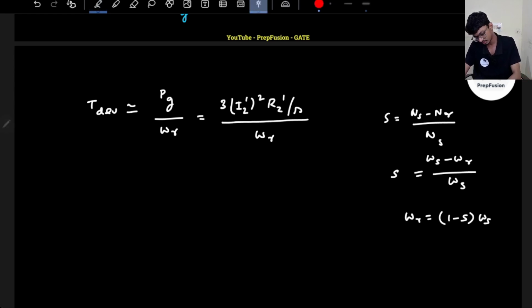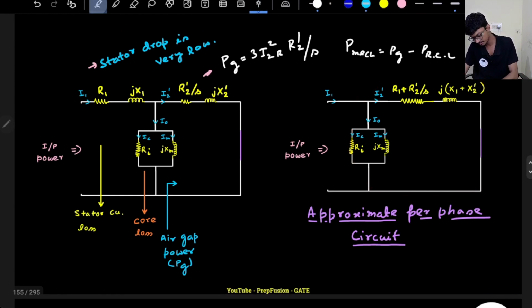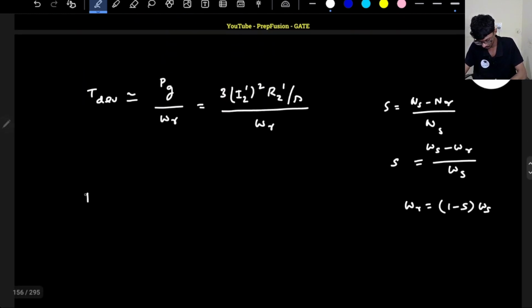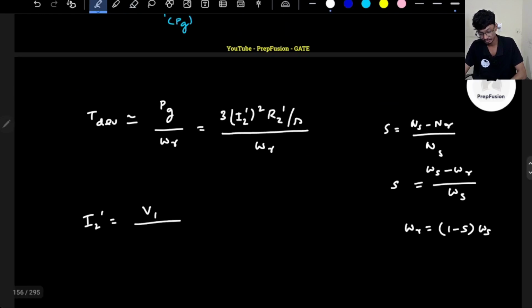Now let us discuss what I2 dash is. From this circuit, will I be able to find I2 dash? Let's assume that I'm applying a voltage V1. What will be I2 dash? I2 dash will be V1. Remember, V1 is the phase voltage.